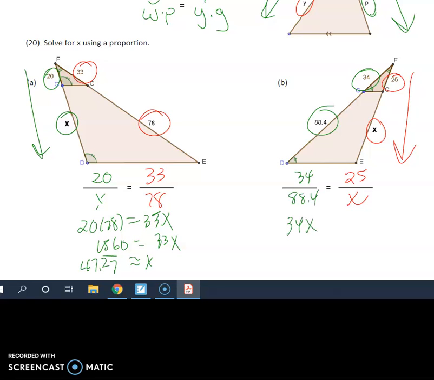So if I cross multiply, 34 times X is equal to 25 times 88.4. 25 times 88.4 is 2,210. And then if I divide by 34, I get an exact answer of 65.